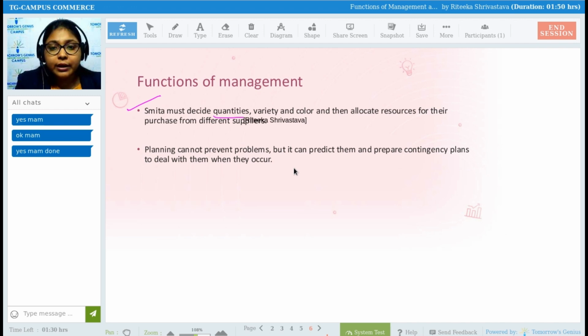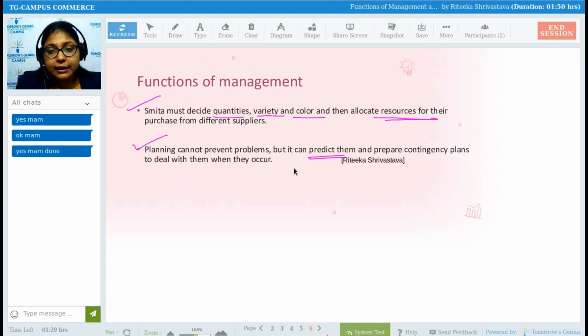Smita must decide quantities, variety, and color, and then allocate resources for their purchase from different suppliers. She will decide how many quantities should be produced, in what varieties, and in what colors, and then she will divide the work between different suppliers.